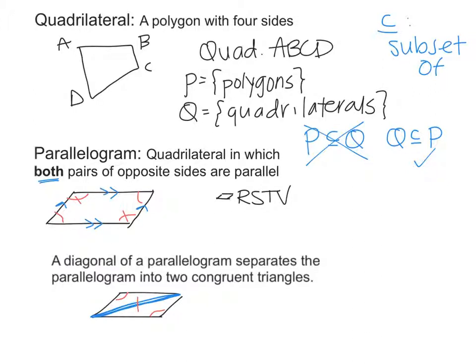What else do we know? Well, for a parallelogram, all the sides are parallel, so they have to be exactly the same distance apart the whole way. So that means that these are congruent and these are congruent. So we could say by side angle side or side side side that these 2 are congruent. So this is going to be important.